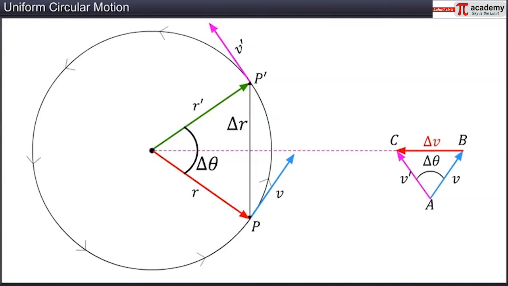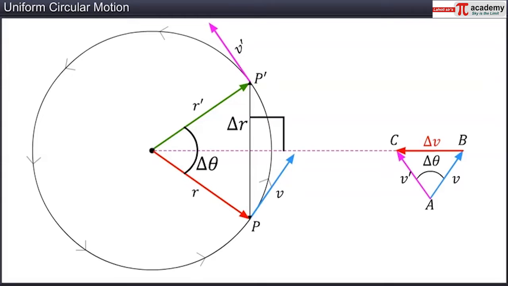The change in velocity, delta v, is obtained by using the triangle law of vector addition. v and r, as well as v' and r', are perpendicular to each other, as v and v' are tangential to the circle, and r and r' are the radii of the circle. Therefore, delta v is perpendicular to delta r.